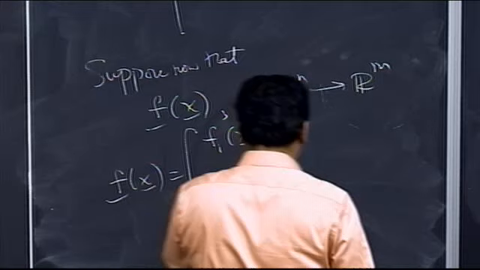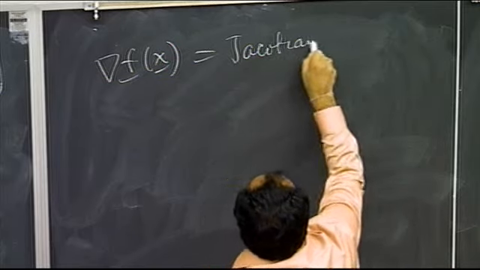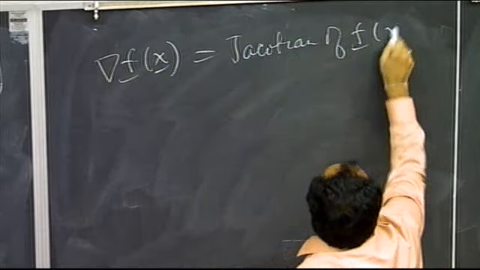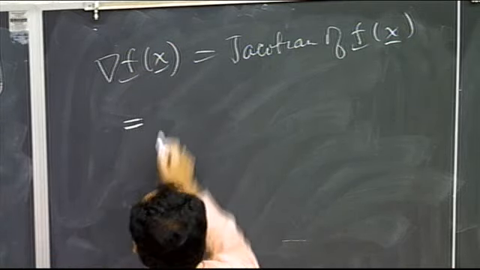Then the gradient of f of x is called the Jacobian of f of x, and it's equal to the derivative this way.